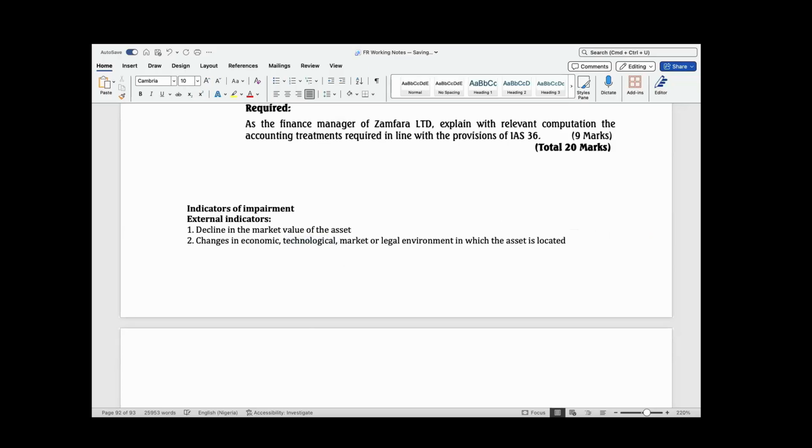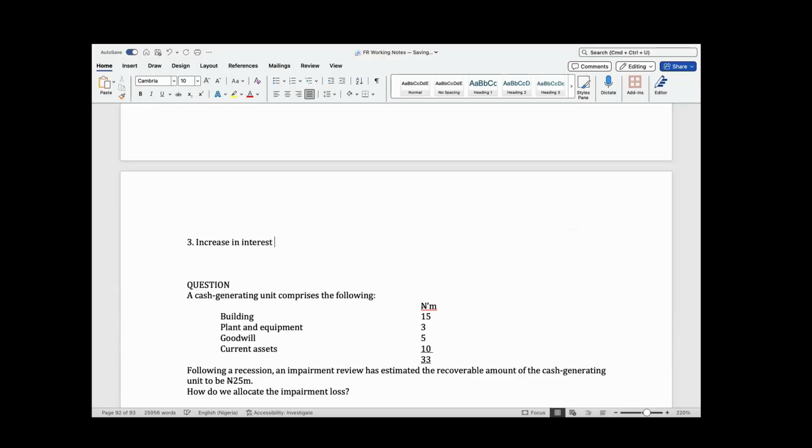I've lumped it together. Another one is where there is an increase in interest rates that is used to determine the value in use of the asset. If interest rates increase, the higher the interest rates, the lower the value in use. If you go and check, if you use a higher interest rate, the value in use you will get will be lower.